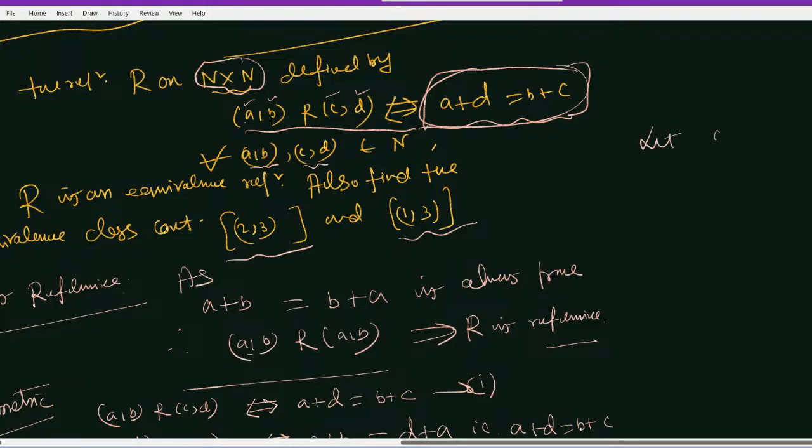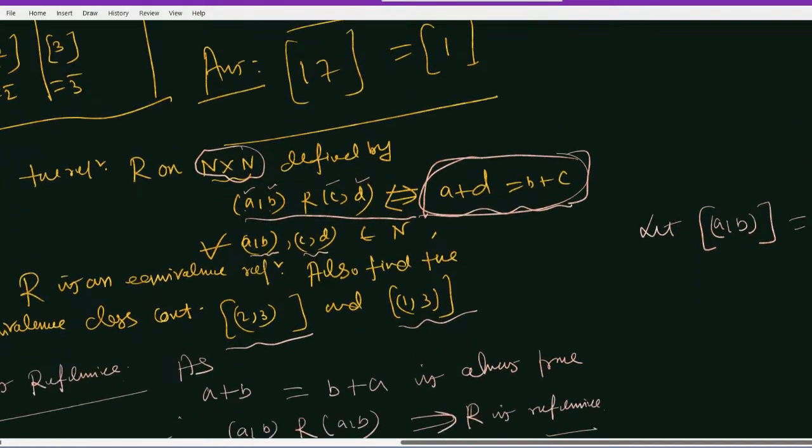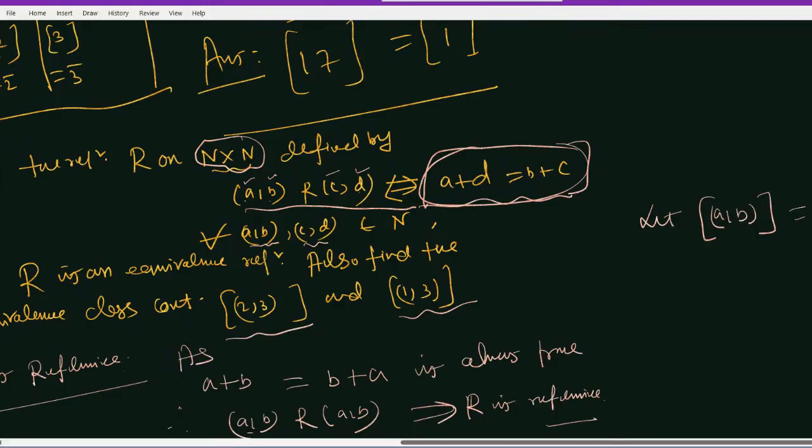Let AB equal 2, 3. Did you understand? This logic I have shown you earlier, and here it is going to be on N cross N. All are natural numbers. So I am going to find the equivalence class containing 2, 3 first. Let this be equal to 2, 3. What's the condition? First plus the fourth equals the second plus the third.